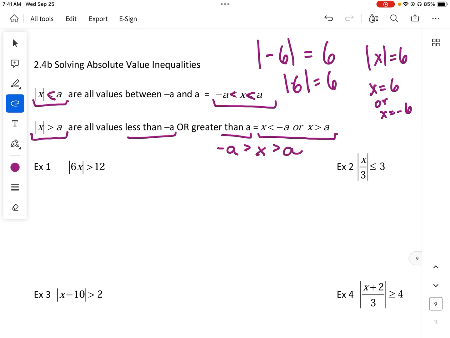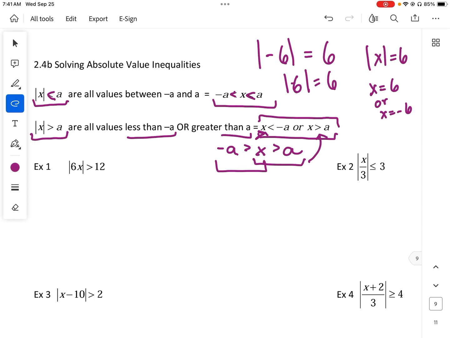But that kind of doesn't make as much sense as separating it out like this does. But see how this right side is the same as that? And then if we flip it around, this left side is the same as that. So when we have the greater than symbol, we're going to set them up as the two inequalities. When we have the less than symbol, we'll do the compound inequality.